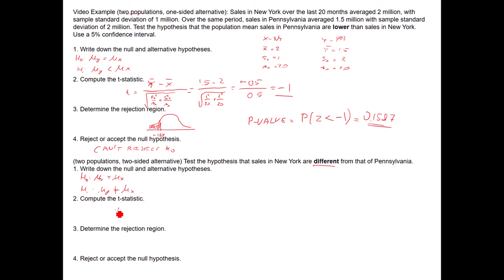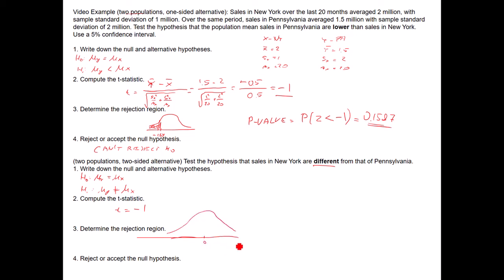The test statistic is the same as in the one-sided test. The computed test statistic is -1. The rejection region, however, is very different because the rejection region now is on two sides.